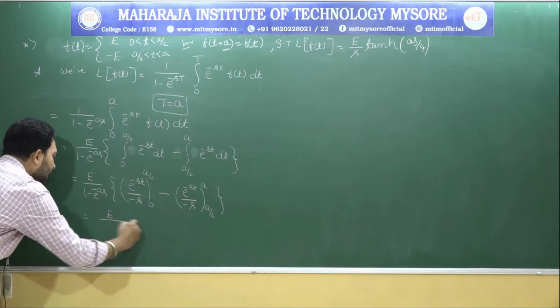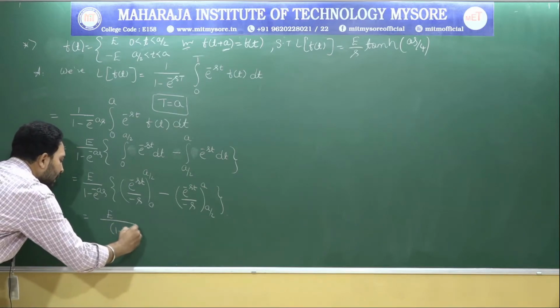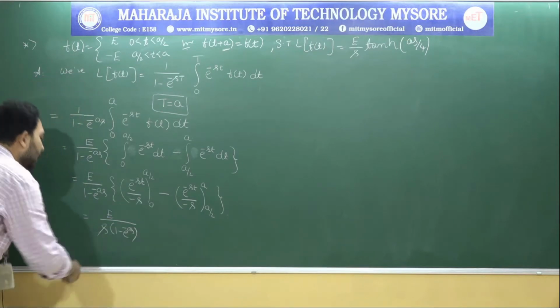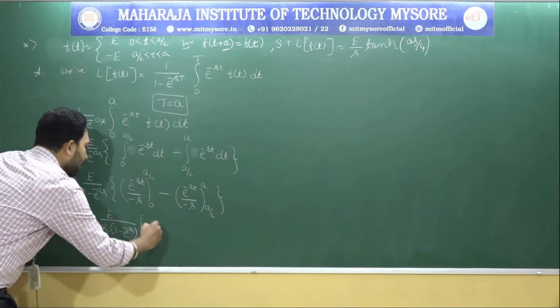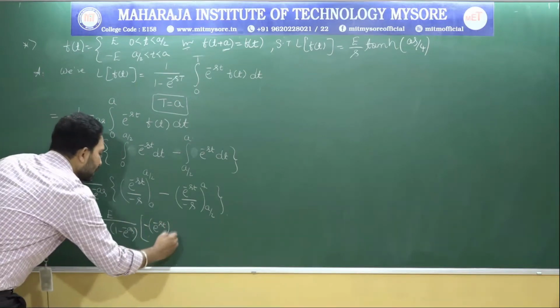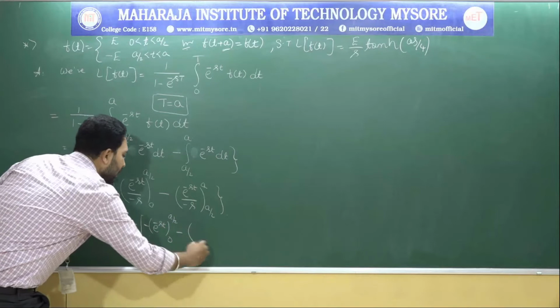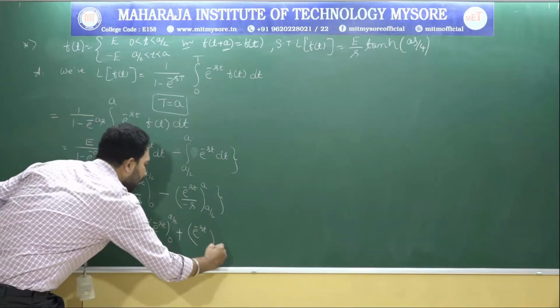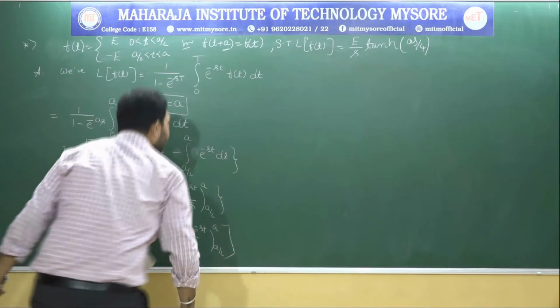Finally we will get E divided by 1 minus e power minus as, here also we have s, here also we have s, take s outside. Then we remain with actually e power minus st from 0 to a by 2 minus into minus plus e power minus st for a by 2 to a.